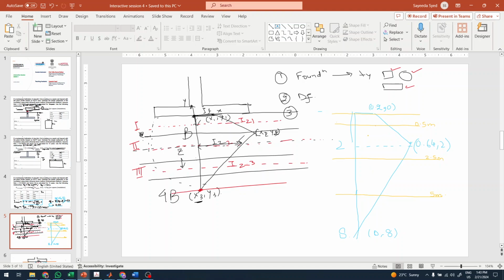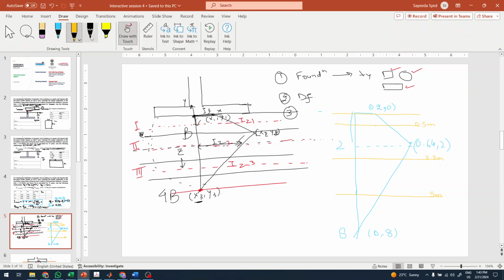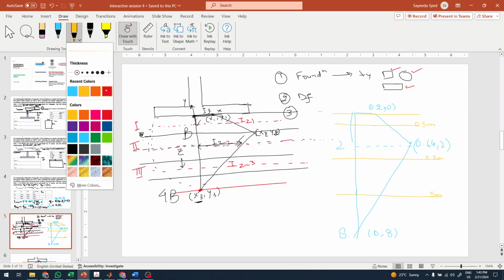And as I mentioned, we have to calculate the Iz values at the center of these layers. So we need it here.